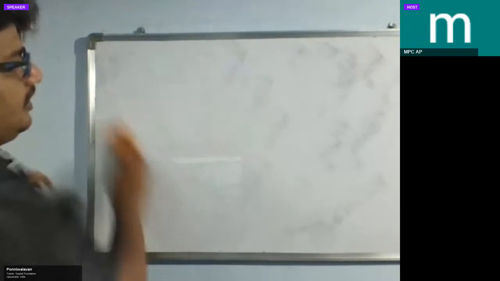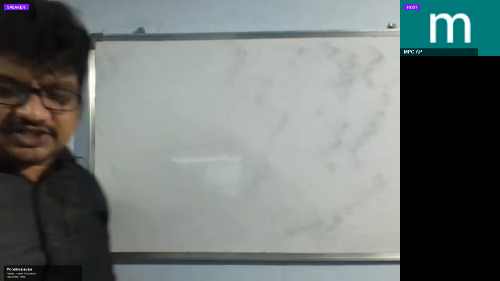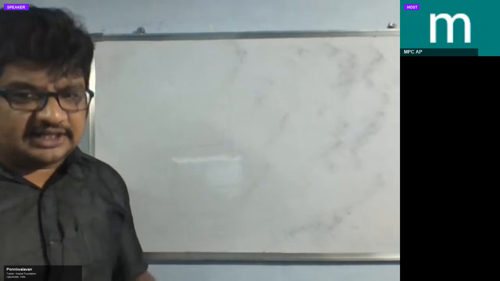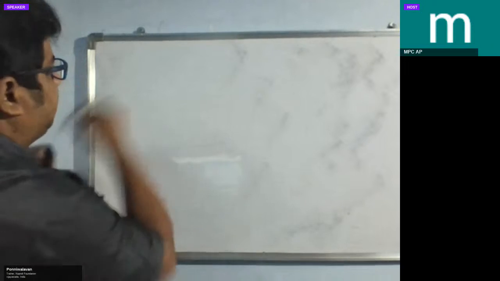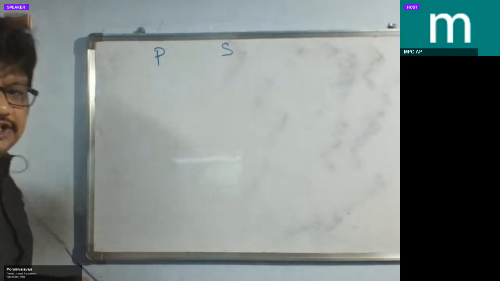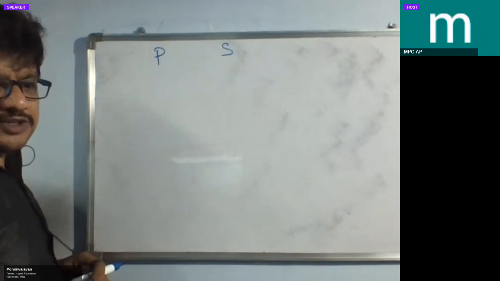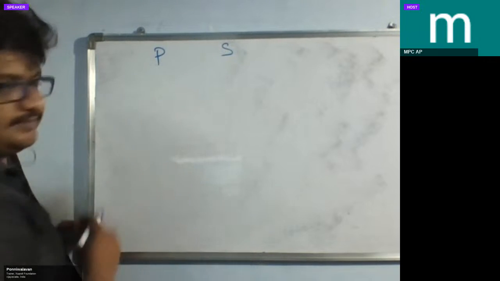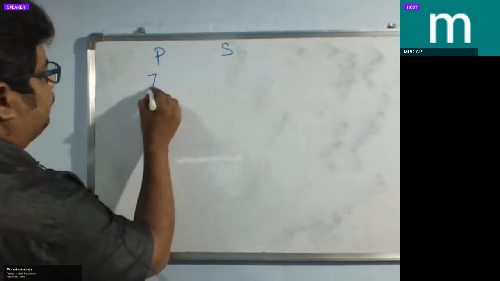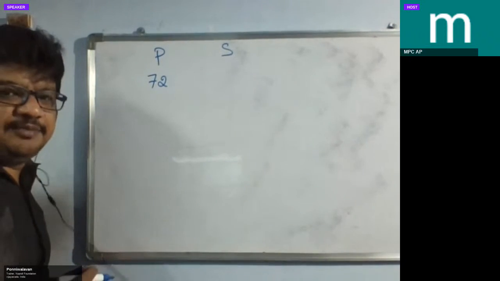Now tell me, what are the objects we are mixing? We are mixing petrol and spirit. What is the cost price of petrol? 72.